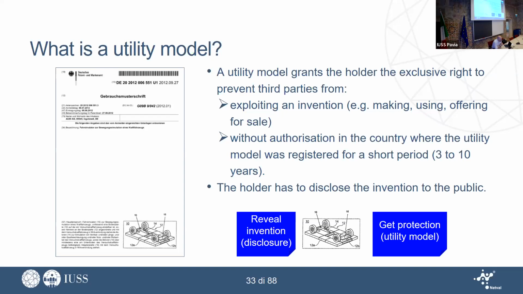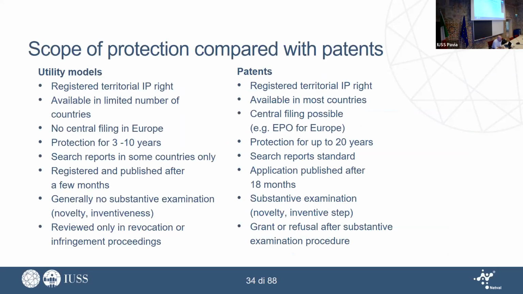On the contrary, the patent could be protected for 20 years, as we've seen previously. In most countries, utility models are registered without any examination, so there's no control step by the patent office. These are the principal differences between utility models and patents.